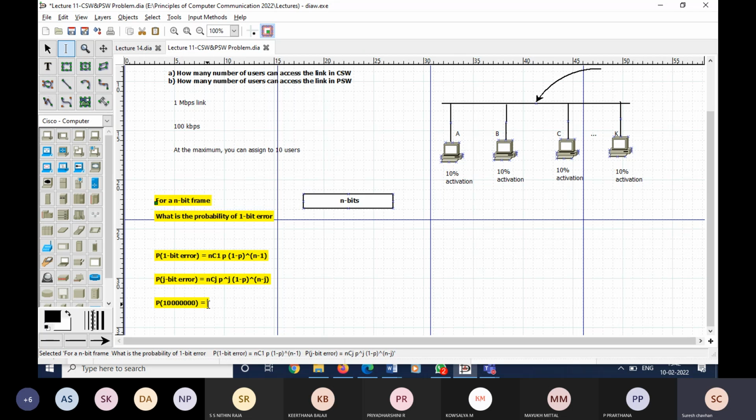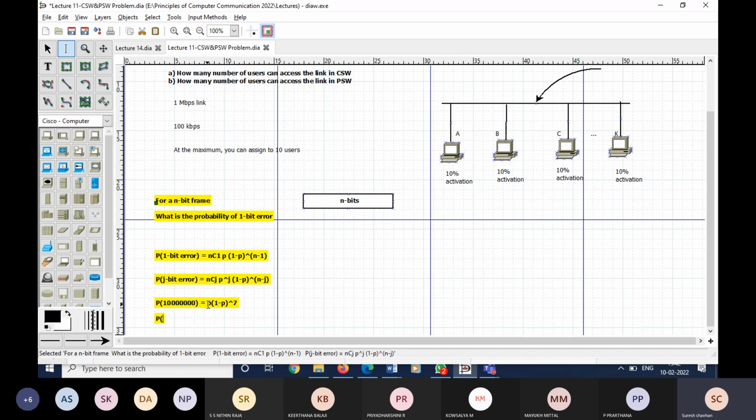The basic assumption here is that 1 is an error and zeros are non-errors. So here it's p into (1 minus p) raised to 7.